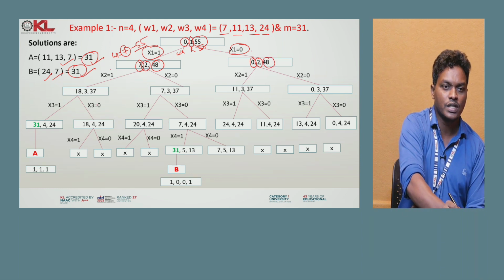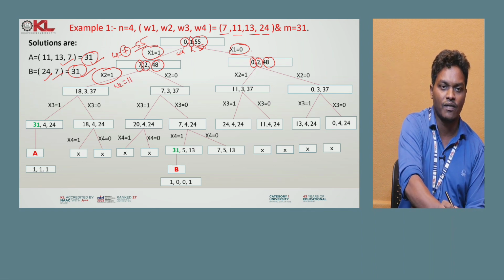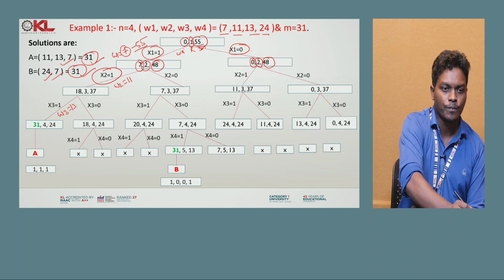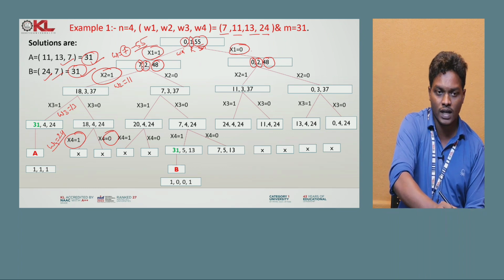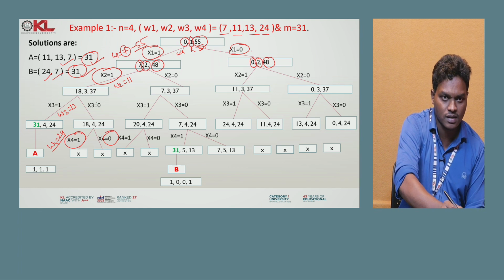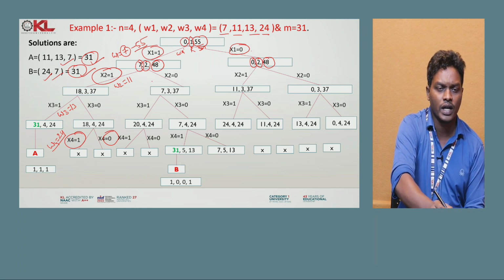Next, x2 is equal to 1, that means W2. W2 is equal to 11. Similarly, we have to follow this. W3 is equal to 13. Next, W4 is 24. x4 equal to 1 means the weight 24 has to be considered, and x4 equal to 0 means we should not consider it.